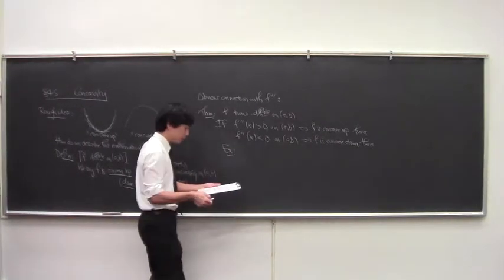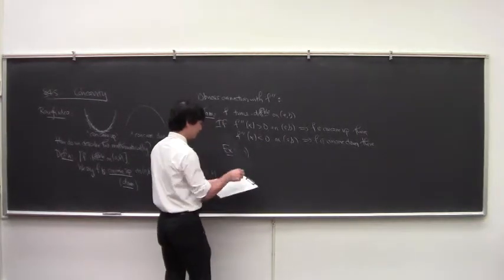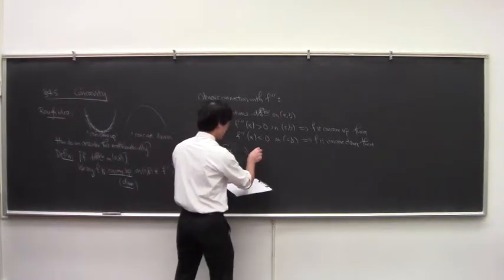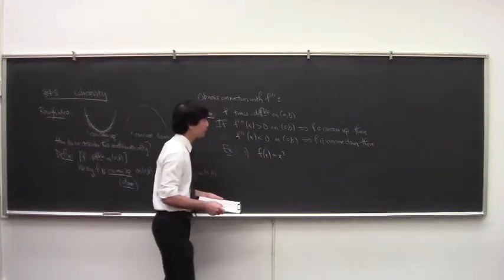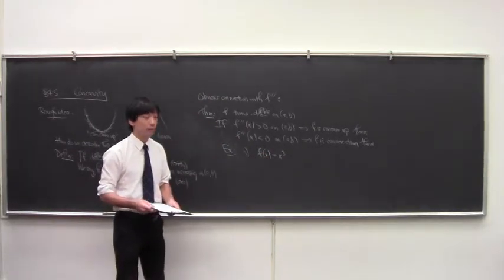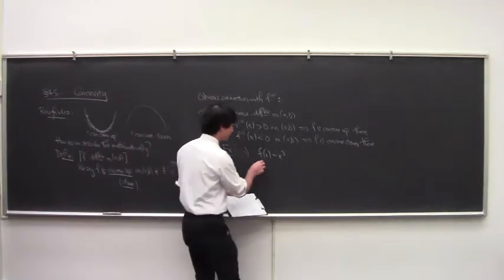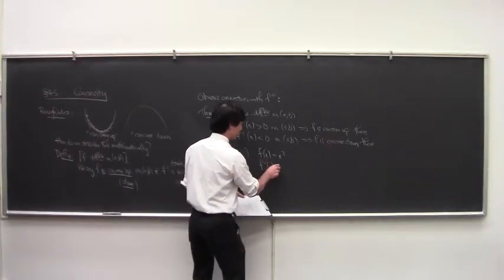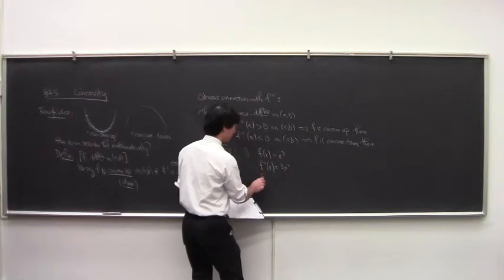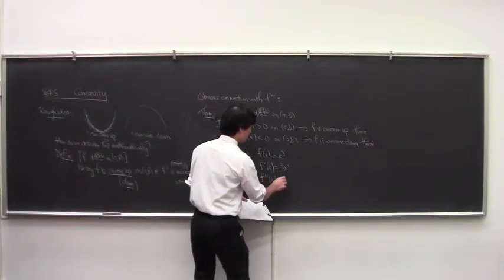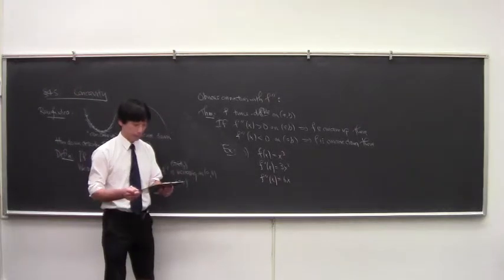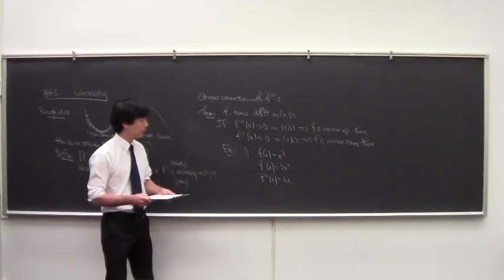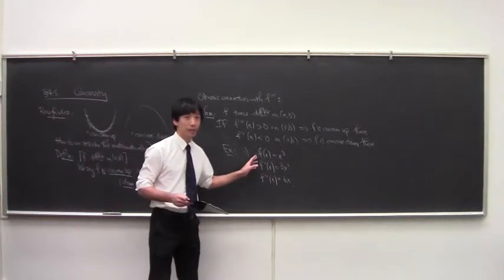So let's do some examples. Here's a simple one: f of x is x cubed. So f prime is 3x squared, and f double prime is 6x. So what do you know about the function?